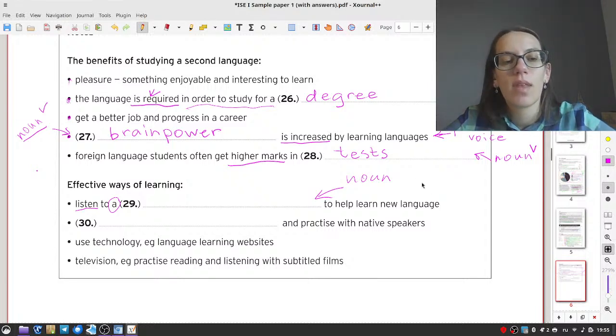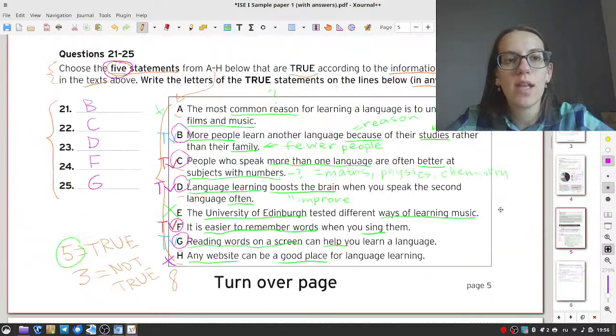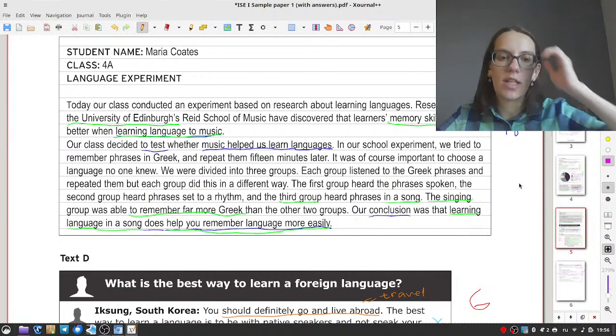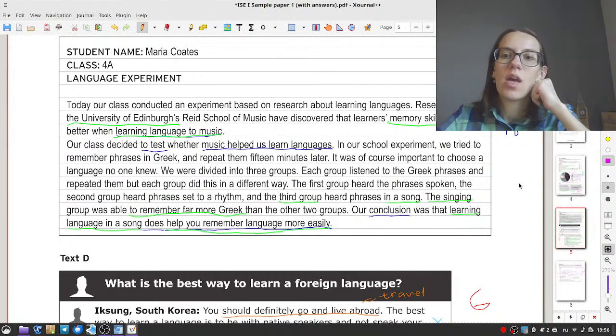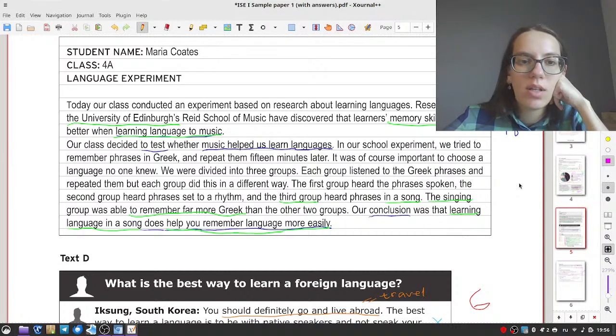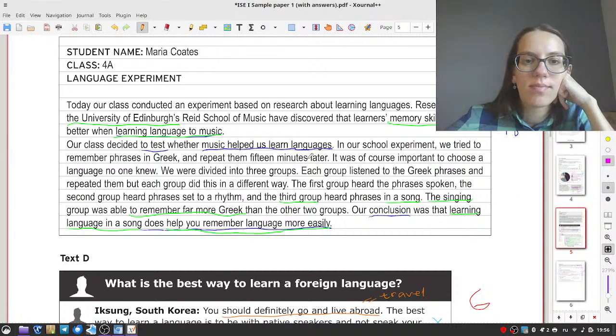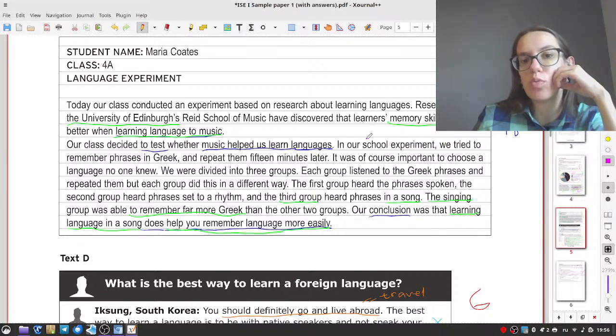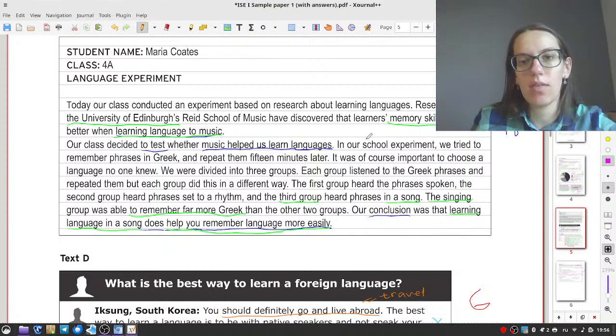So what do we need to listen to? Where can we find this information? When listening, that was in text C. Now, what do we need to listen to improve our language skills? Well, you could say music, of course, but we can't have a music. It has to be a something, in the question.